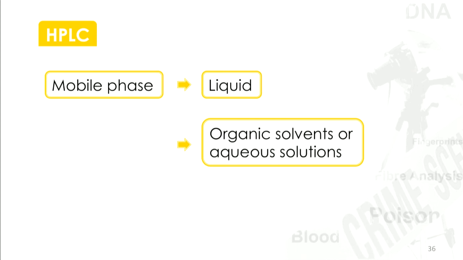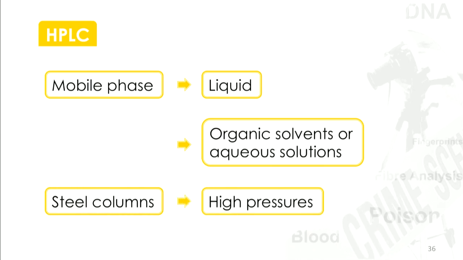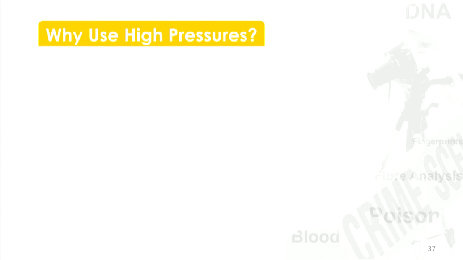HPLC does not use the very long, fine metal tube to contain the stationary phase that GC used. In HPLC, we use steel columns, and we have to use these steel columns because of the high pressures involved. Why do we use high pressure?